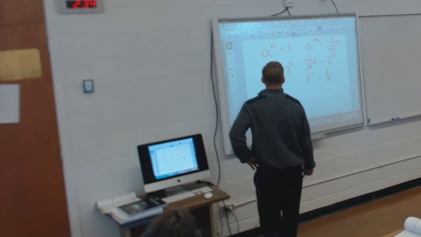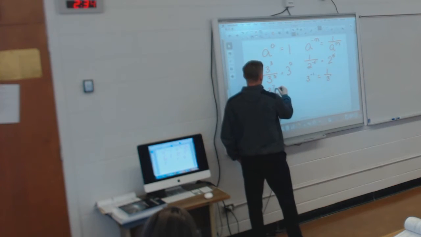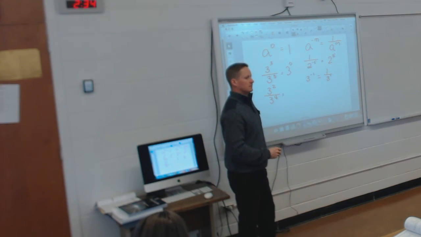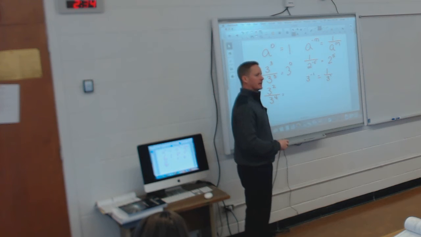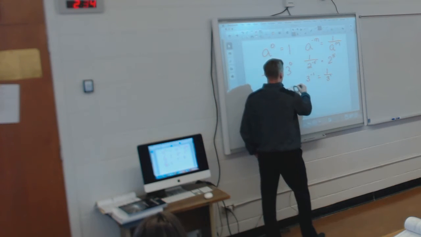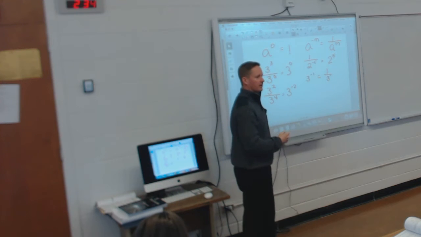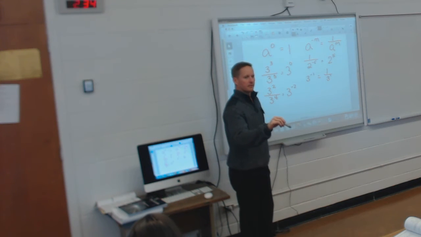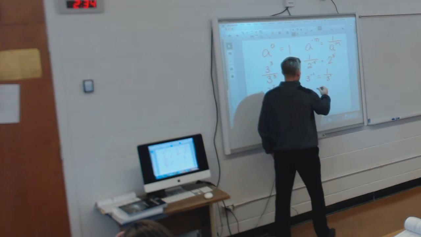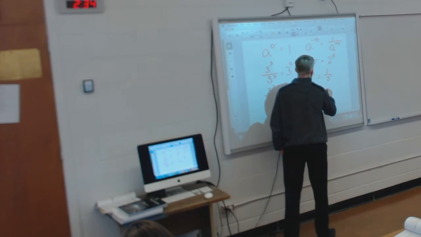So if I had something like this now, what do I do with my exponents? I subtract them. So what does that give me? 3 to the power of negative 2. Right? Follow me so far? That's absolutely correct. But if I expand this out and I divide it, you're going to see what happens here. So on top I have 3 times 3.